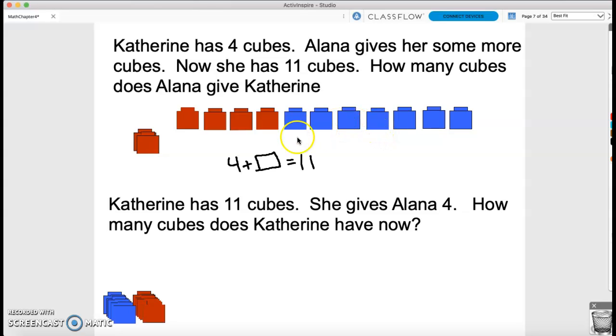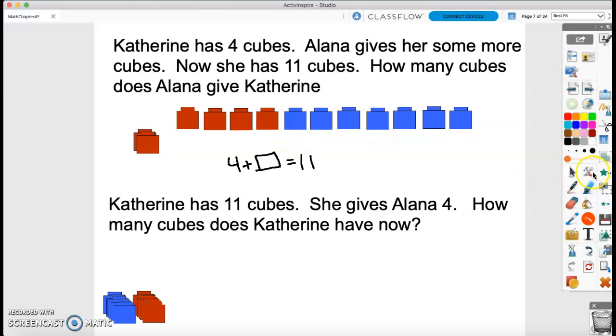So the some more that she gets is the blue. Right here, this is the more that Alana gives her. So let's count those. 1, 2, 3, 4, 5, 6, 7. So 4 plus 7 equals 11.